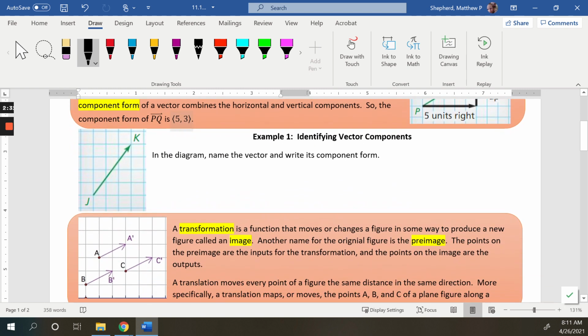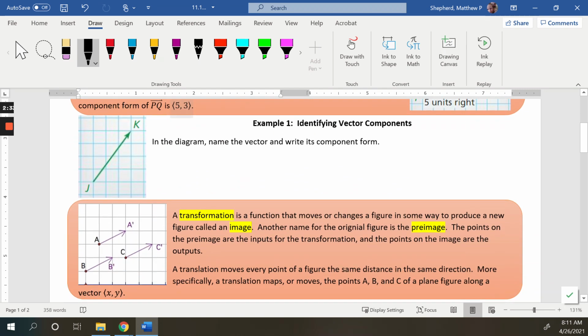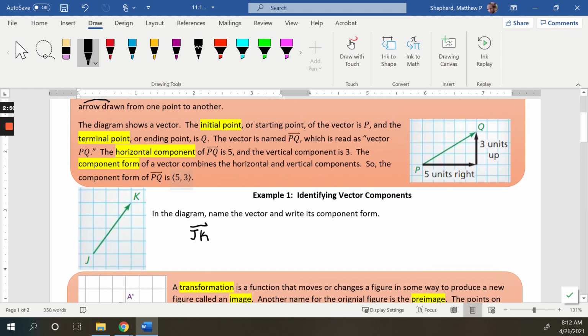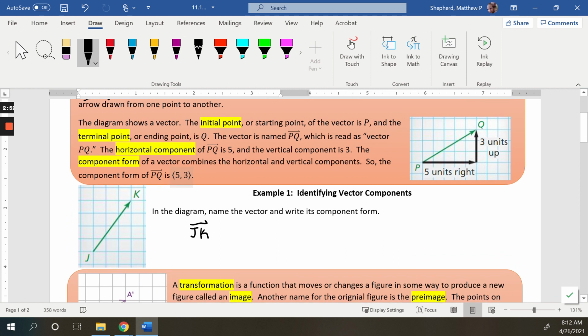So using this diagram, we're going to name the vector and then write it in its component form. First, our initial point is J, terminal point K, with the little arrow. So there's the vector JK. Now we need to find our x and y components.